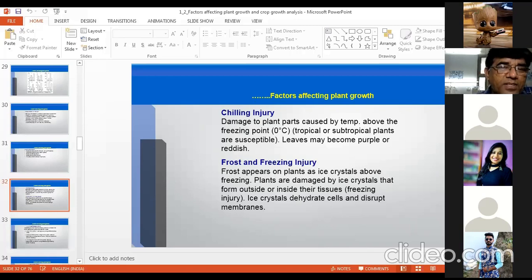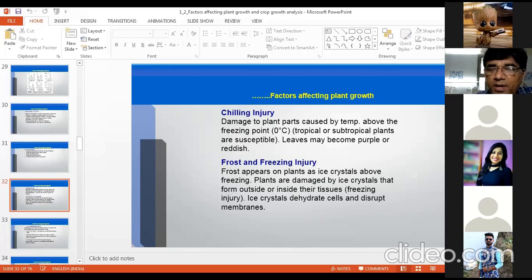In chilling injury, there is damage to plant parts caused by temperature above the freezing point. So it happens in tropical or subtropical plants. Leaves may become purple or reddish. Sometimes you can see changes in the leaf color to purple or reddish due to chilling injury.